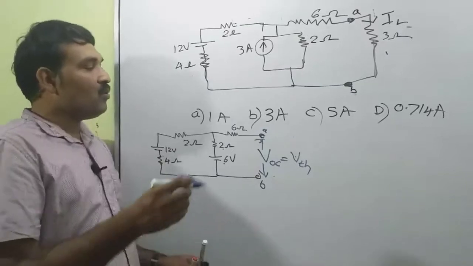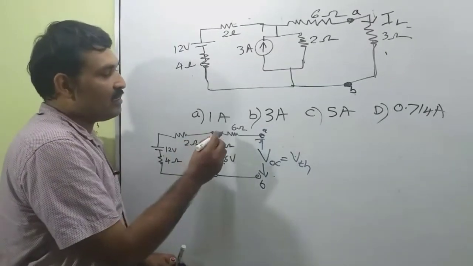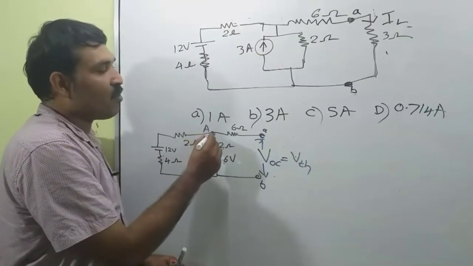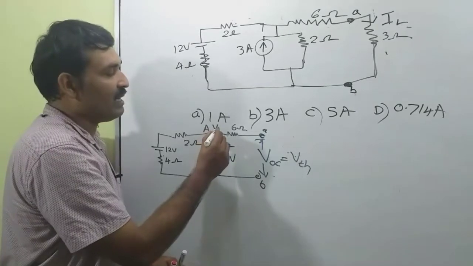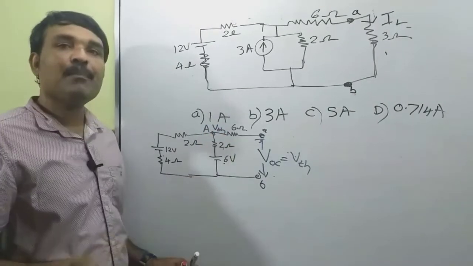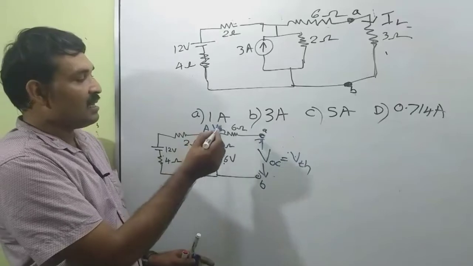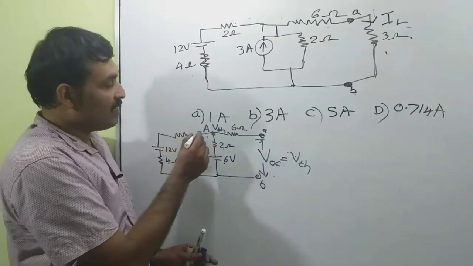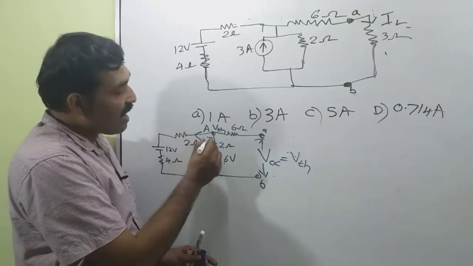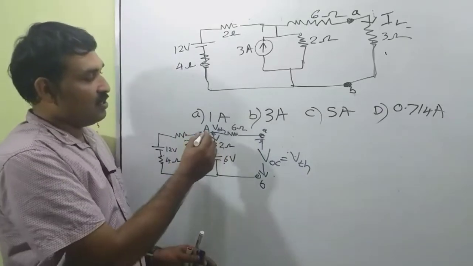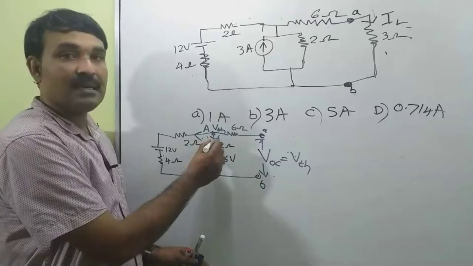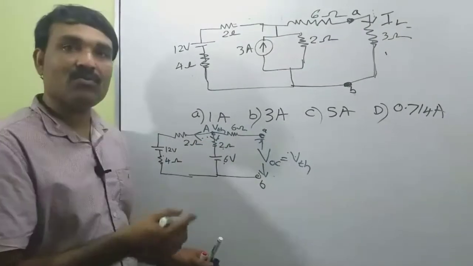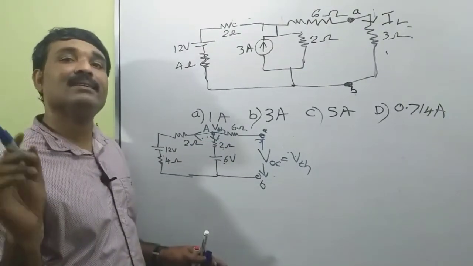Let this be node A, and the voltage is the same as that of VTH. Apply KCL at this node. That means I am assuming all currents are outgoing currents, this current going in this direction and this current going in this direction. So this current plus this current is equal to 0. That is, the sum of the currents meeting at any junction is equal to 0.